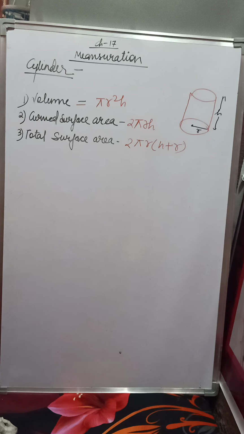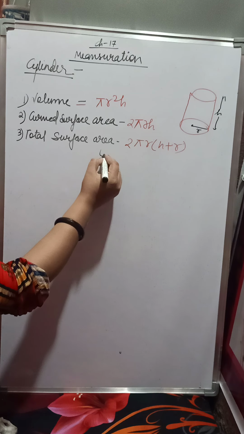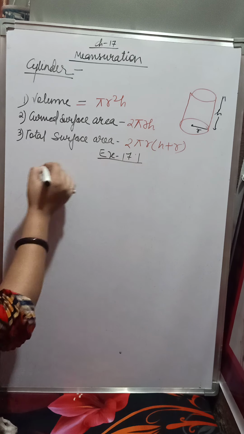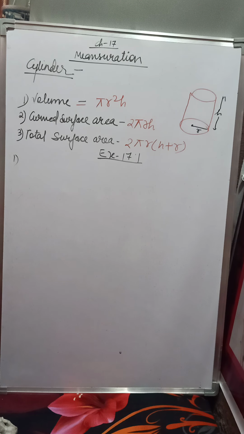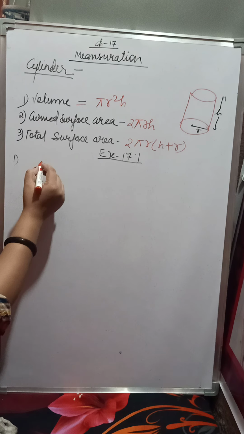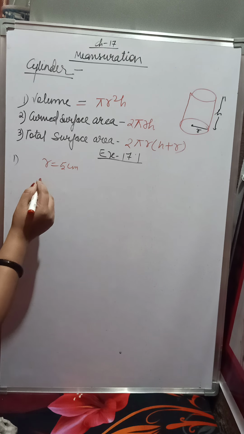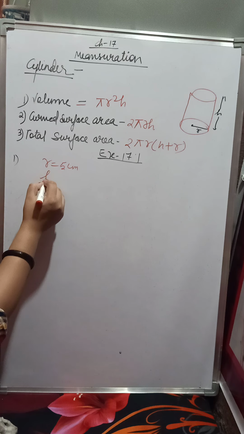Let's begin the exercise. In the first exercise, 17.1, the first question is, find the total surface area of a solid cylinder of radius 5 centimeter and height 10 centimeter.